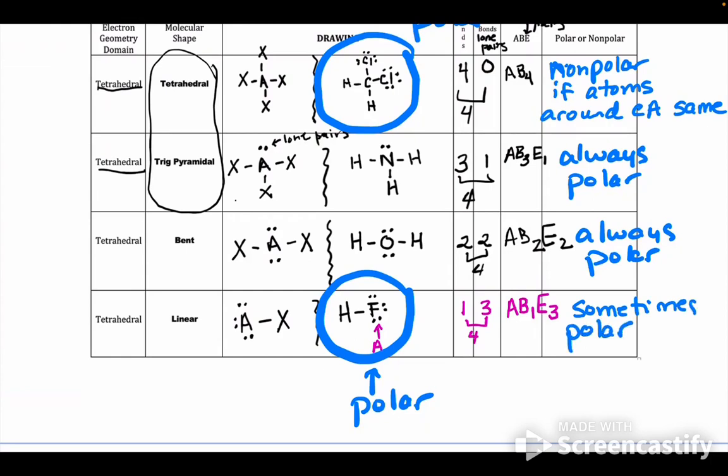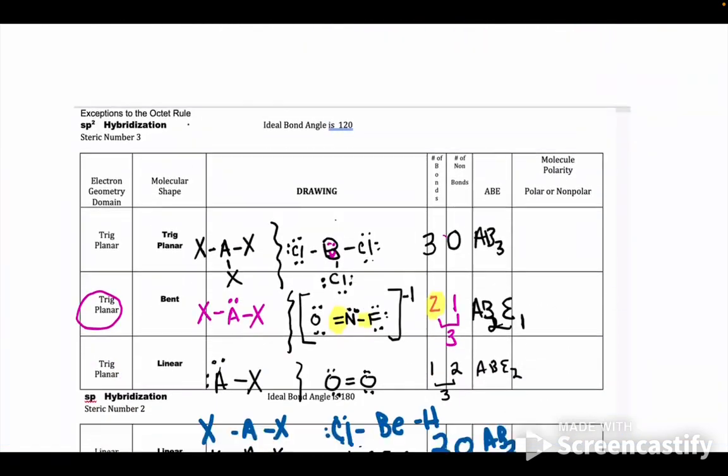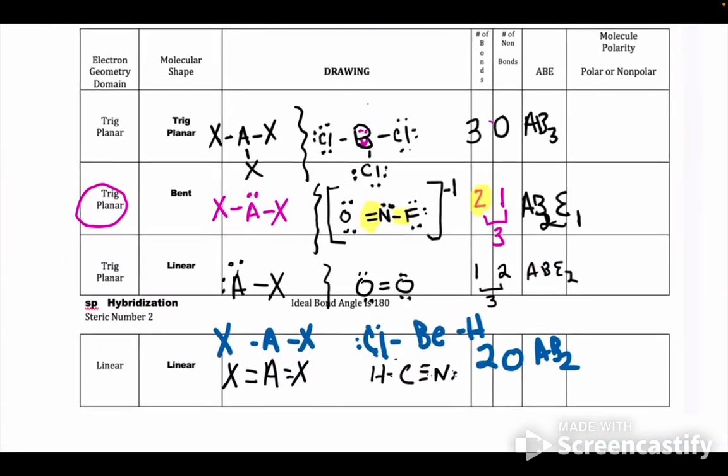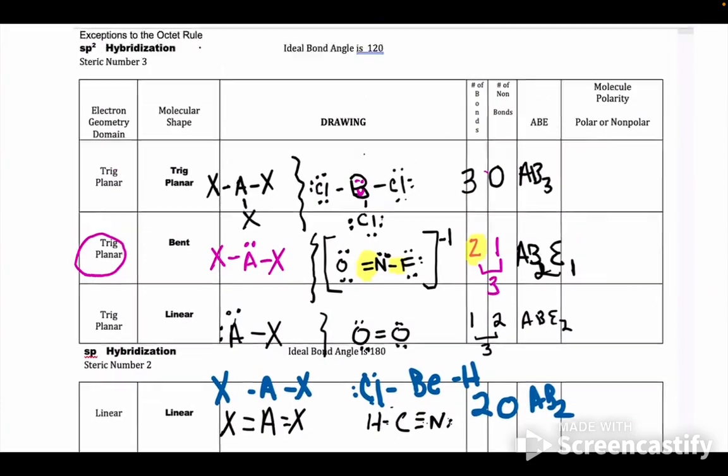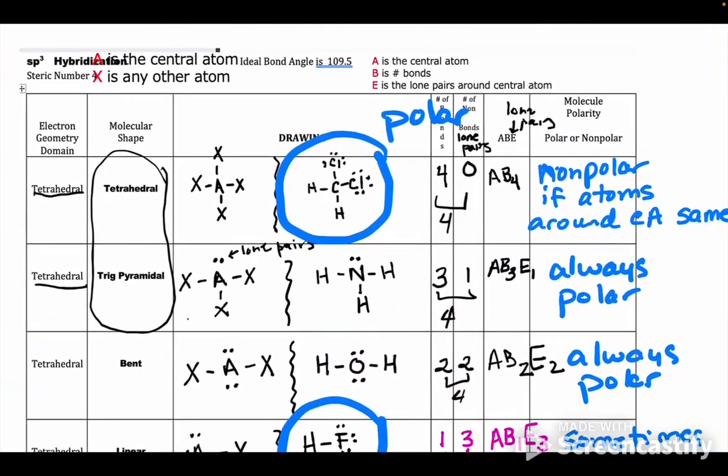And they're nonpolar if you have identical atoms, like if you had a fluorine and a fluorine, this would be nonpolar. So then if we keep going, trig planar, remember that rule is the same as our tetrahedral rule.